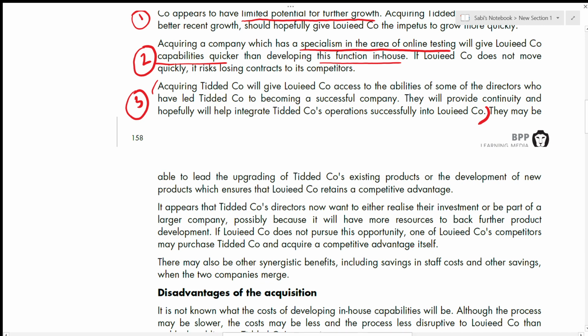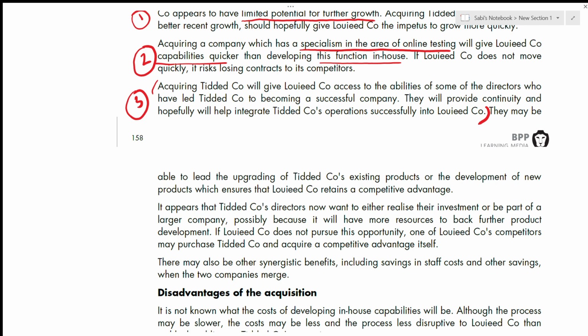All these things you don't need to write. If you have time, sure, go ahead and write. In fact, I advise you to write more if you have the time, but it has to be under the time constraint. If you don't have time, no need to write all this. Just stop where your point ends. Don't keep on elaborating.